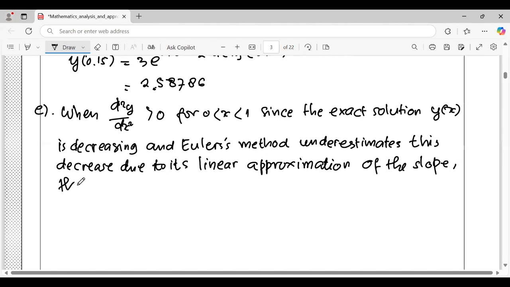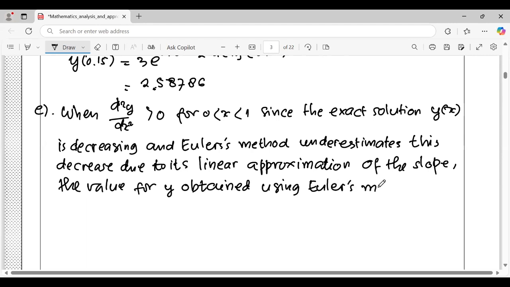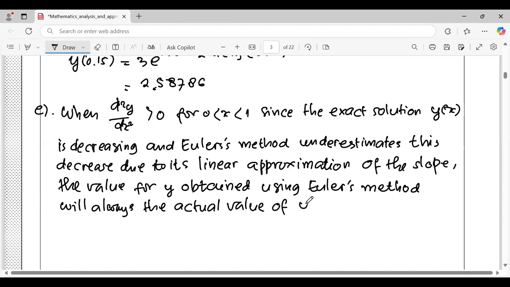So the value for y obtained according to Euler's method will always be less than the actual value of y. Sorry.